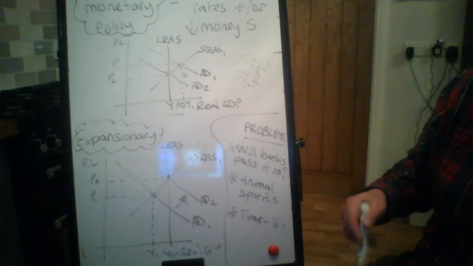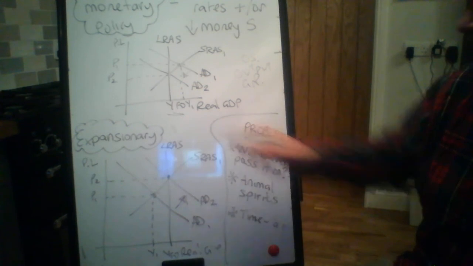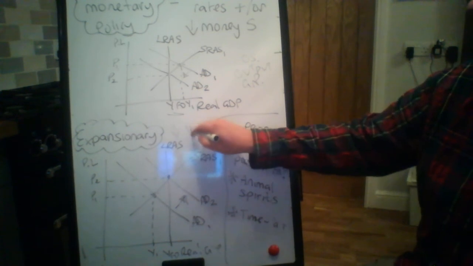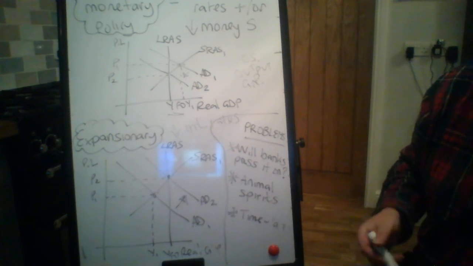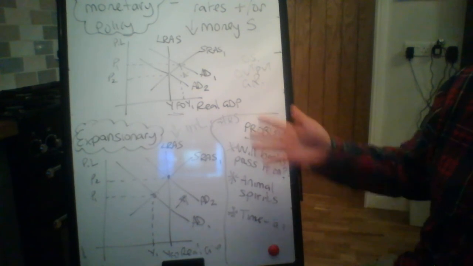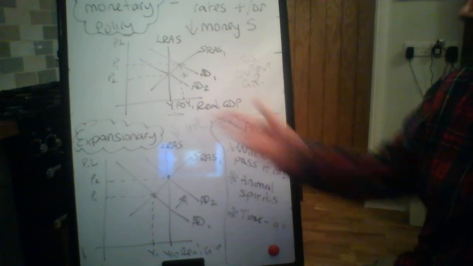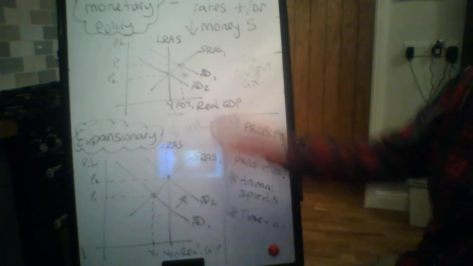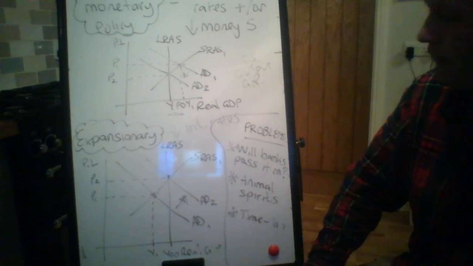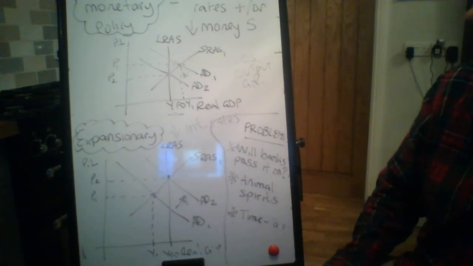So what you would do here is look to lower interest rates. If you lower the interest rate, it means that money's cheaper. People will borrow more, which means you're going to get more consumption and more investment taking place. Mortgages become cheaper, so those with variable rate or tracker mortgages will see repayments start to fall, which will raise disposable incomes and create more consumption and investment.